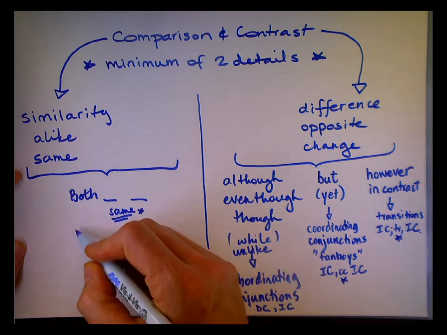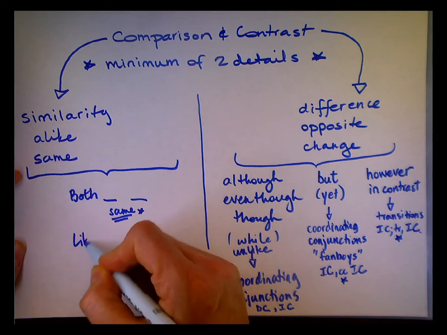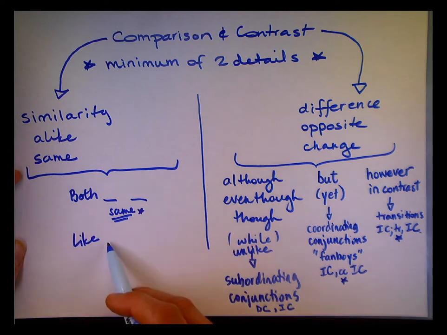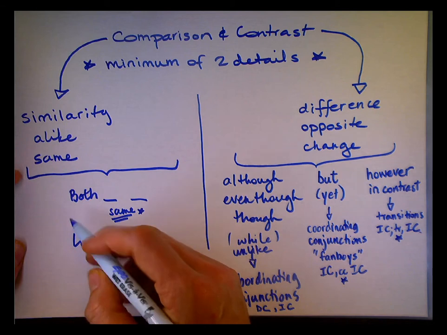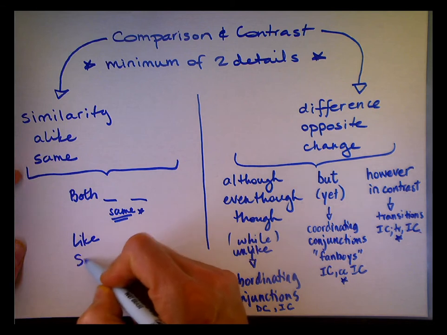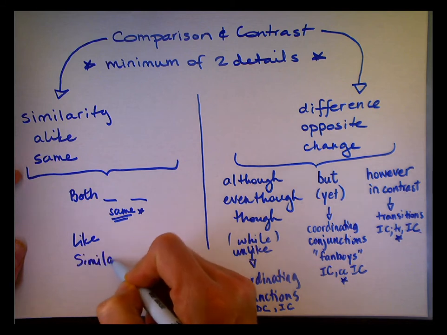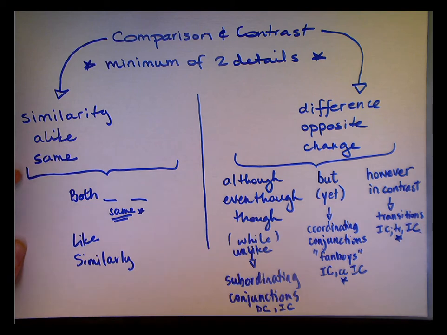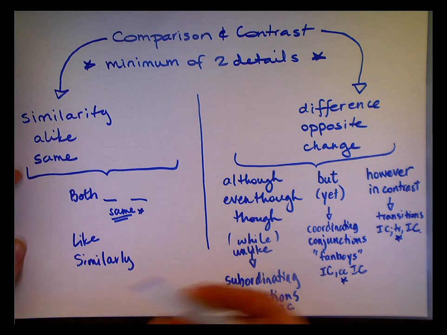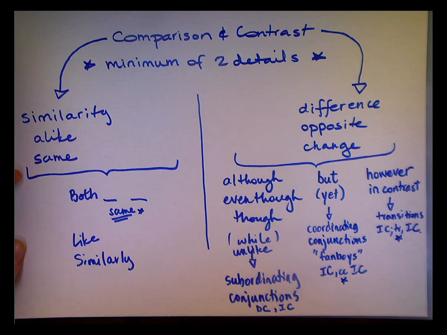And I could say cats and dogs are alike in that they both have whiskers. So alike could be a word. Cats and dogs are the same in that they have whiskers. So I could use that. I could actually use the word similarly, and I could use the word like. Dogs, like cats, have whiskers. Similarities are, well, similarity. Let me put the word similarly.